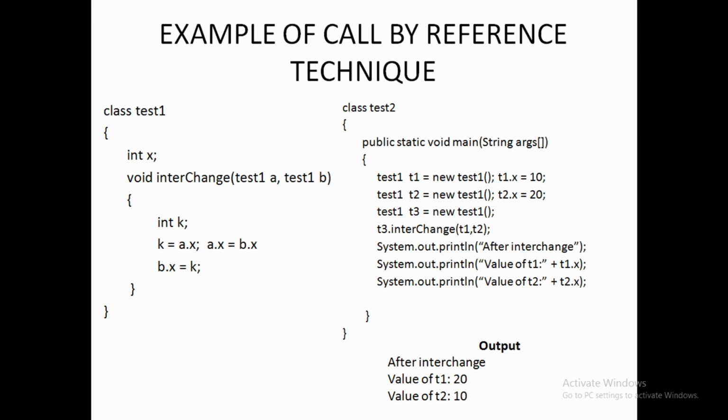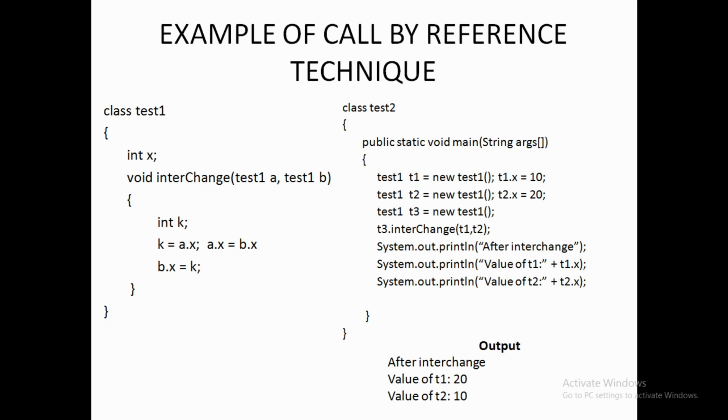You can see the values of both objects changed. Now T1 has the value 20, which earlier was 10, and T2 has the value 10, which earlier was 20.